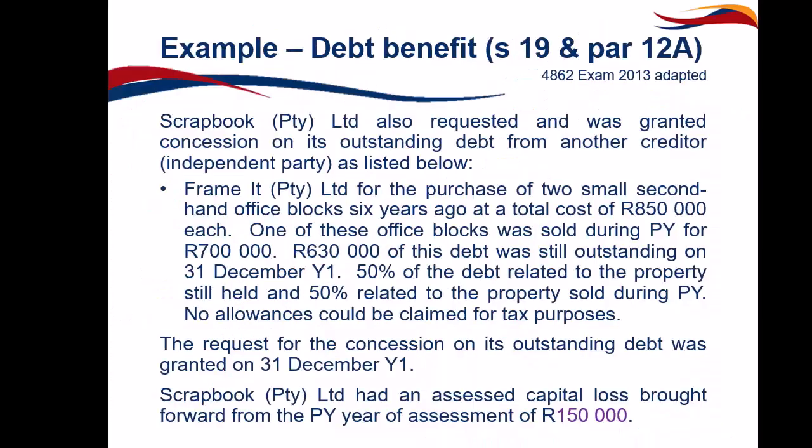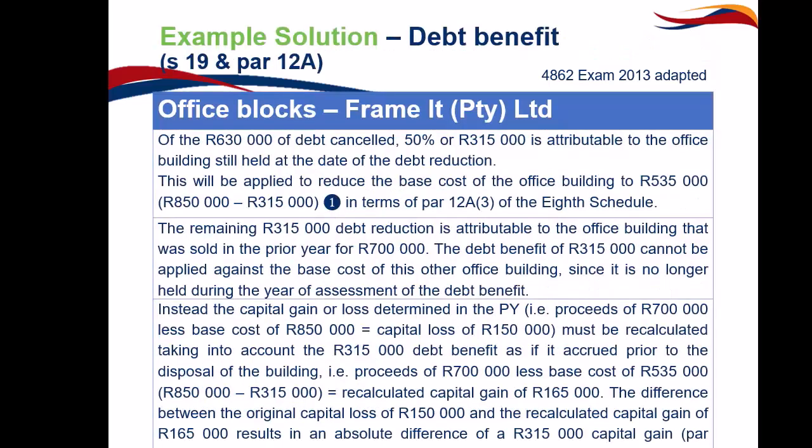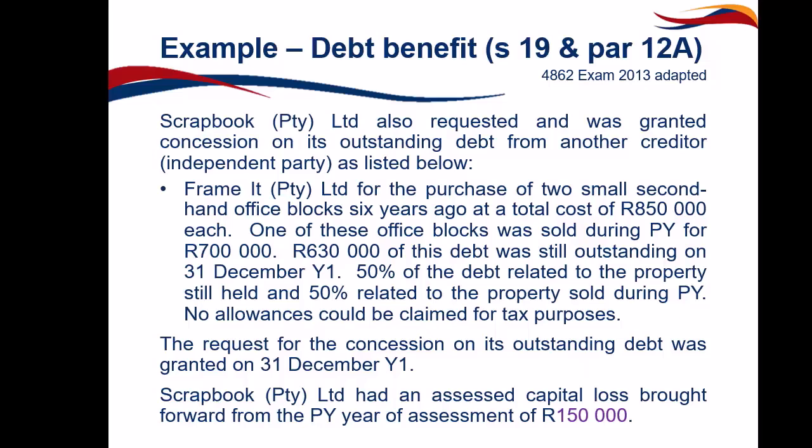Right, so let's go to the next example. Scrapbook Pty Limited requested and was granted a concession on its outstanding debt from another creditor, an independent party as listed. The creditor here is Frame It Pty Limited, for the purchase of 2 small second-hand office blocks 6 years ago at a total cost of 150,000 each.